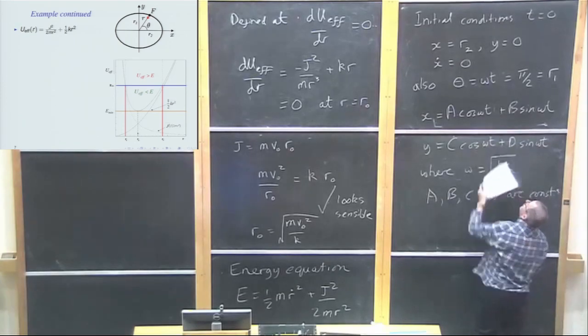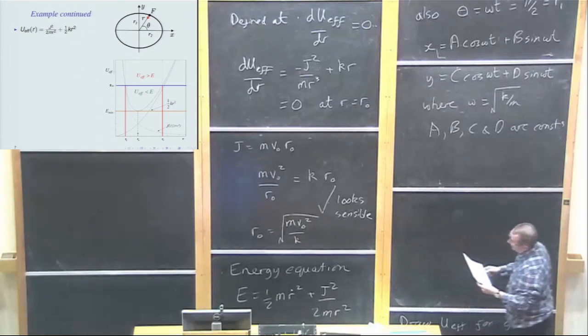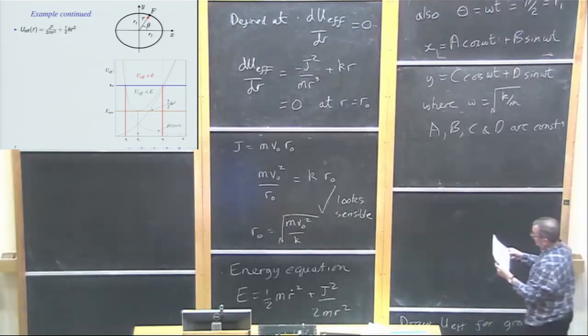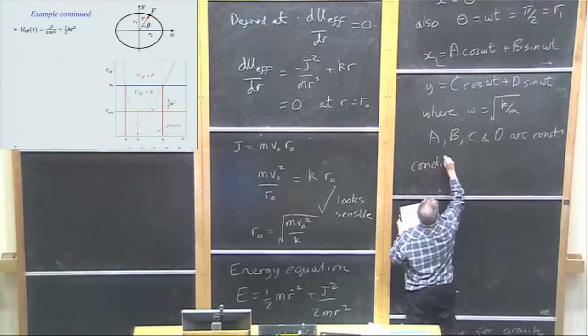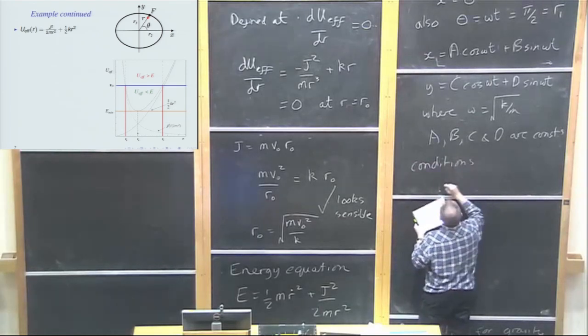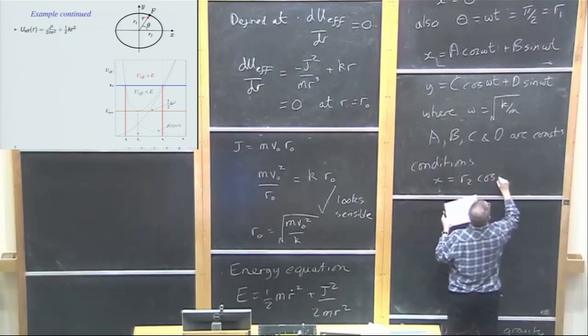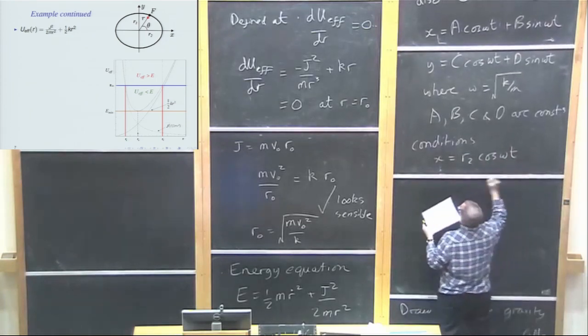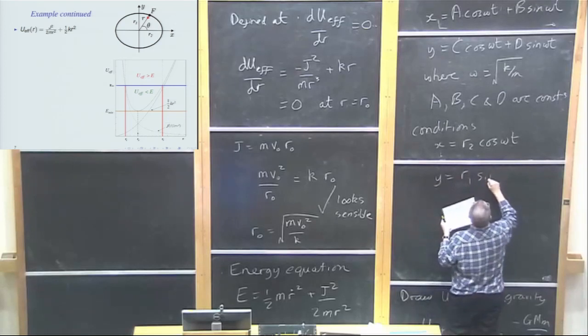But with the information I've given you there, we need not go through this blow by blow. It will tell us that x equals R2 cosine omega t and y equals R1 sine omega t.